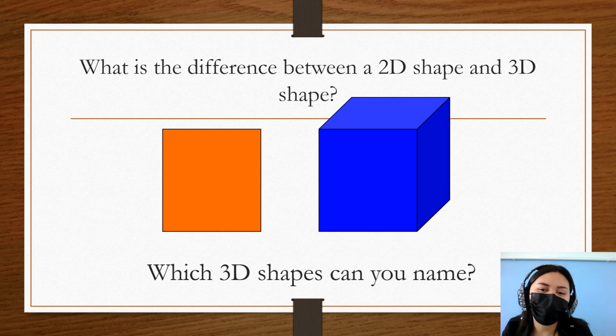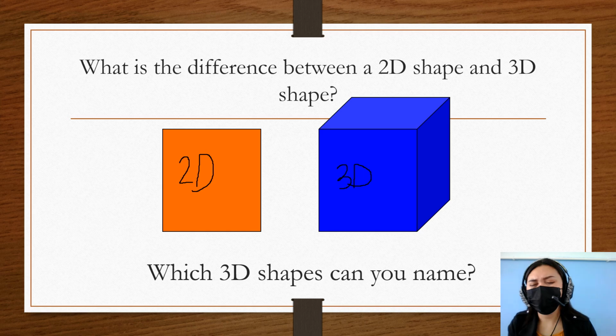So where is the 2D and where is the 3D in here? These two, also this orange, is our 2D. And this one is our 3D. So, which 3D shapes can you name? What kind of 3D is this? It's a cube, right?